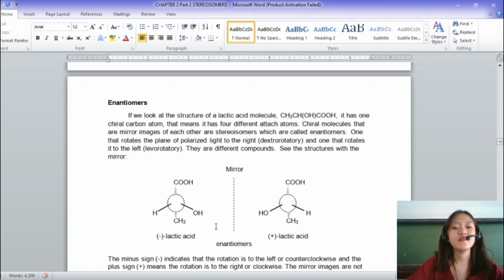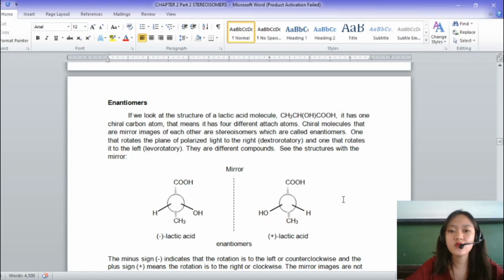So, the negative form of lactic acid rotates the plane polarized light counterclockwise or to the left, while the dextrorotatory form of lactic acid rotates the plane polarized light towards the right, or clockwise.